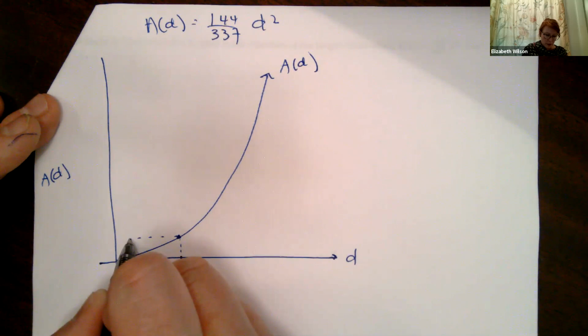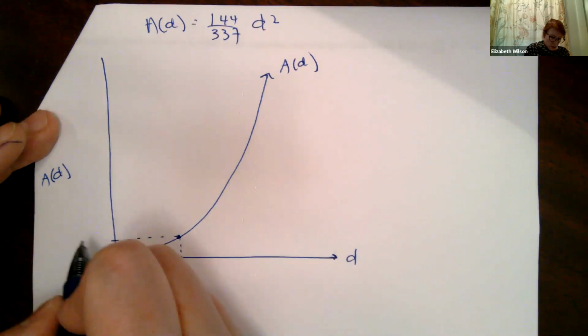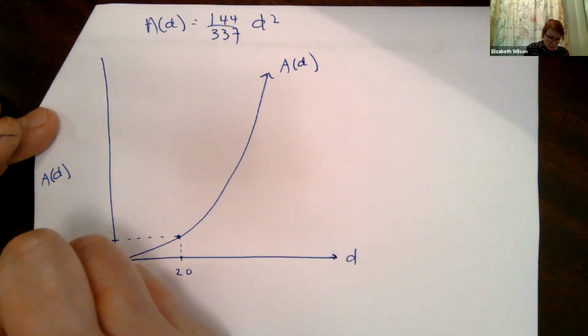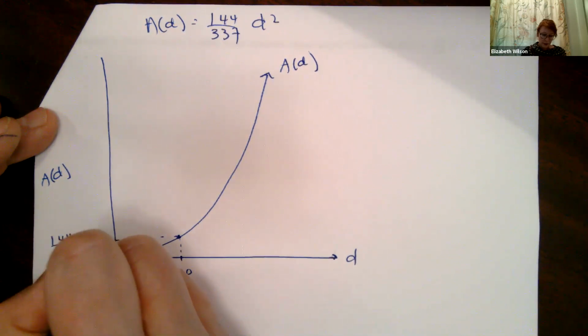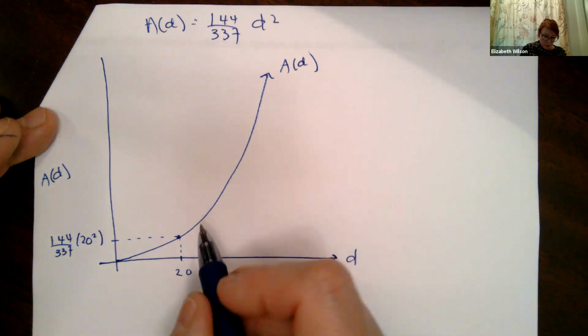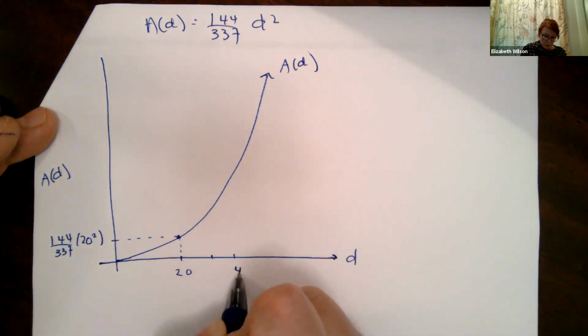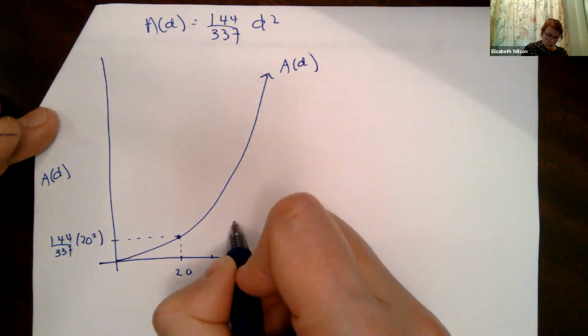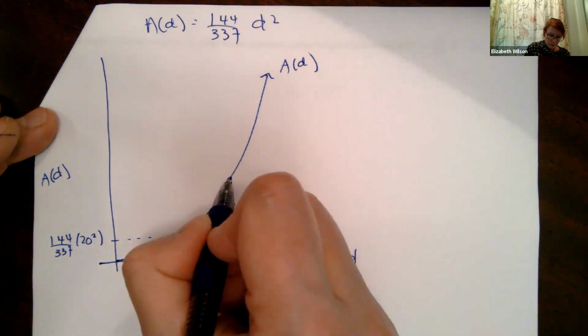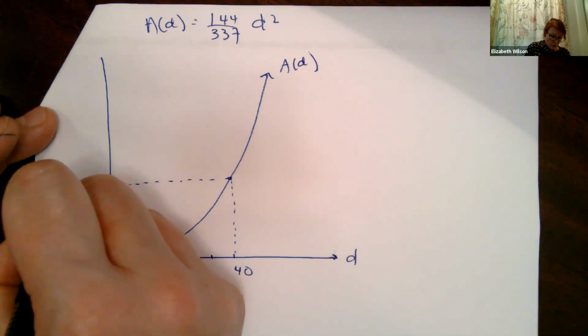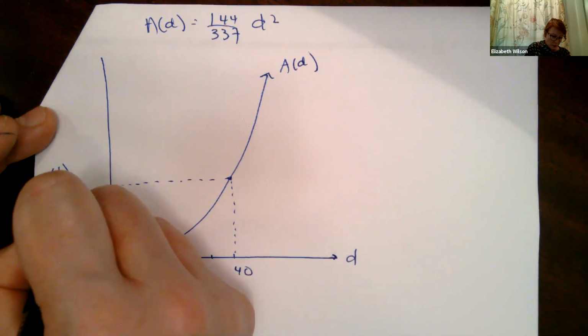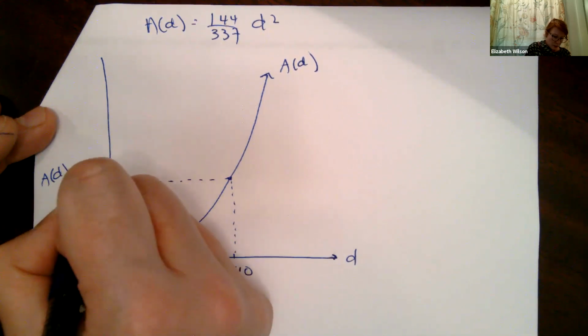I'm going to correspond to some area, right? So it's like I'm going to say 144 plus 337 times 20 squared. I got to plug that into my function. 40. Right, so this is 144 plus 337 times 40 squared.